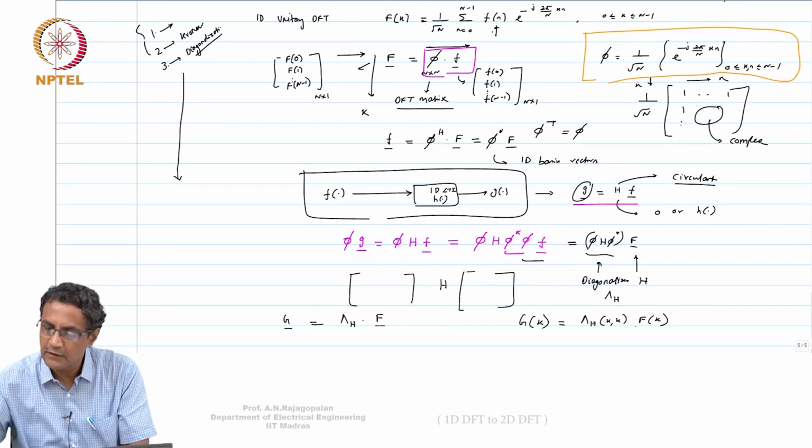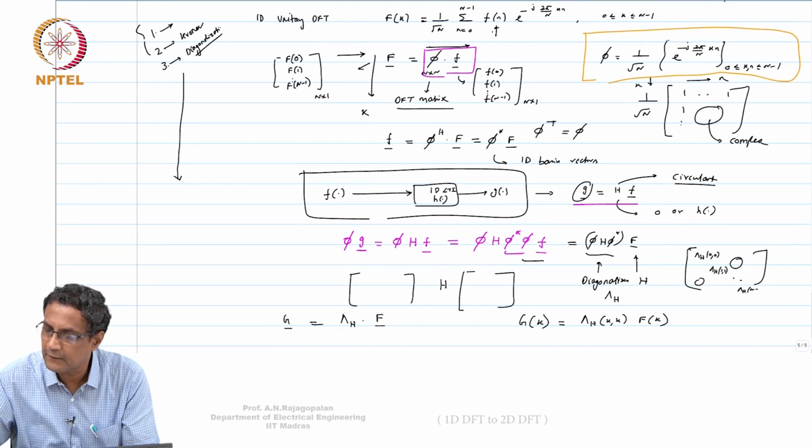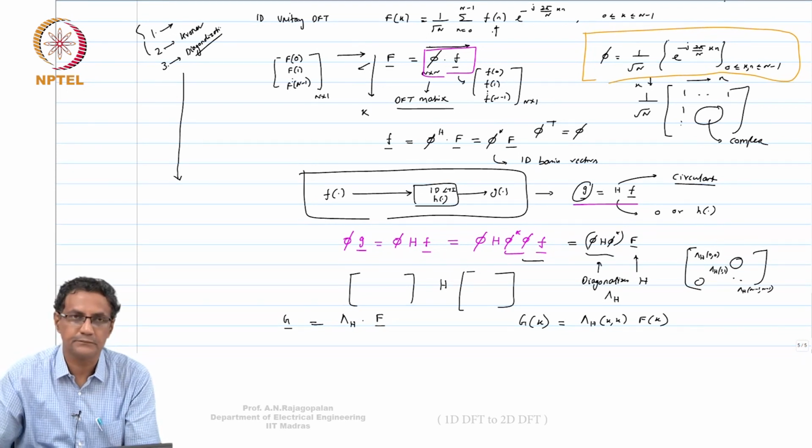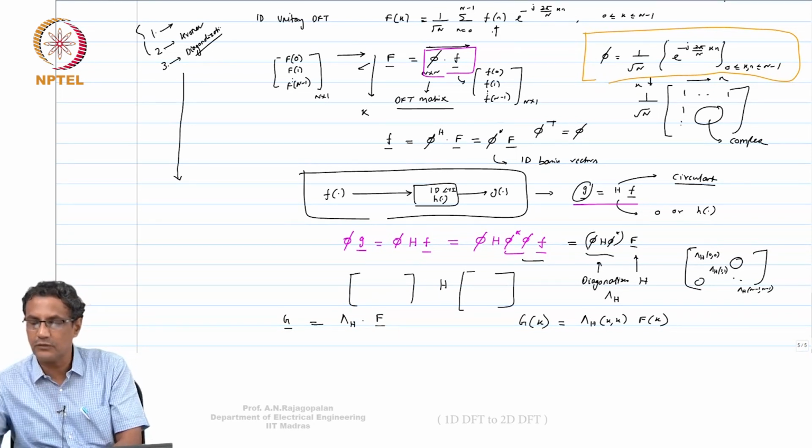If you look at the diagonal entries, everything off the diagonal will be 0, and you will have diagonal H 0,0, diagonal H 1,1, all the way up to n minus 1, n minus 1. That will be that matrix.